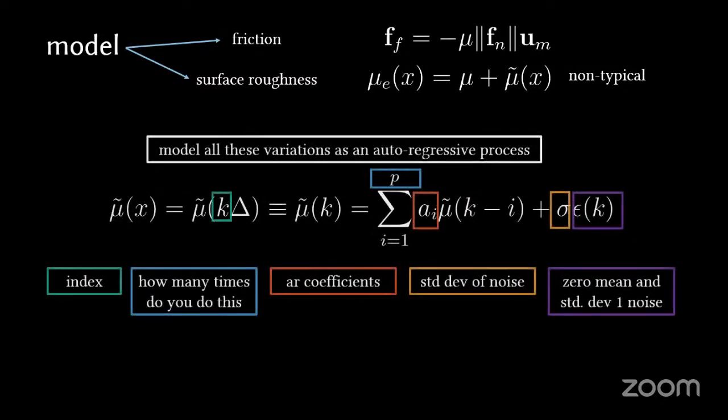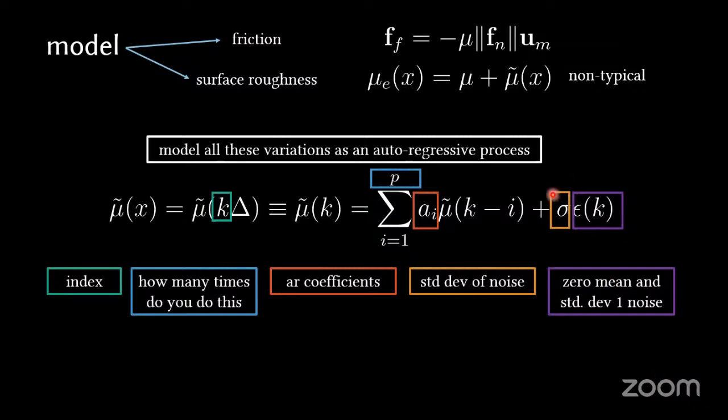So what they end up doing is model all of these variations in the coefficient of friction as an autoregressive process. The way you should think about this is that all of this is an autoregressive process now. You have this k term, which is how many times you do this autoregressive process. Usually, the more you do, the more accurate it would be.